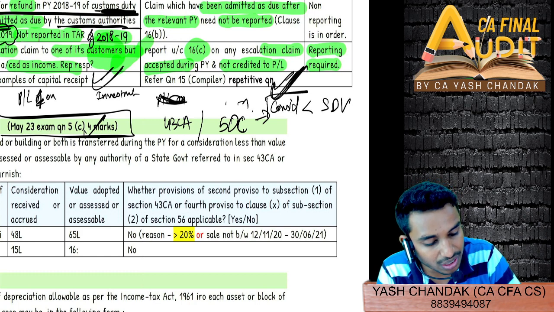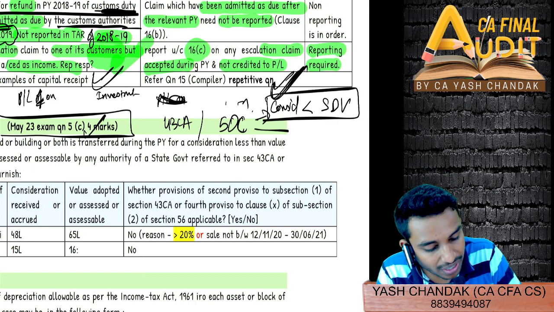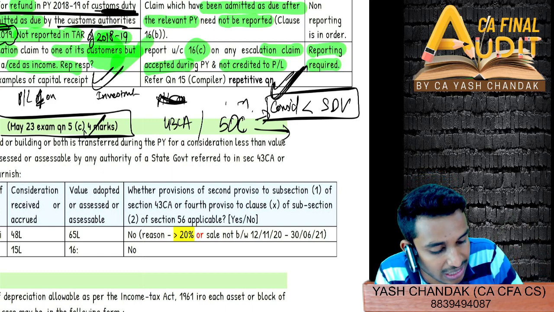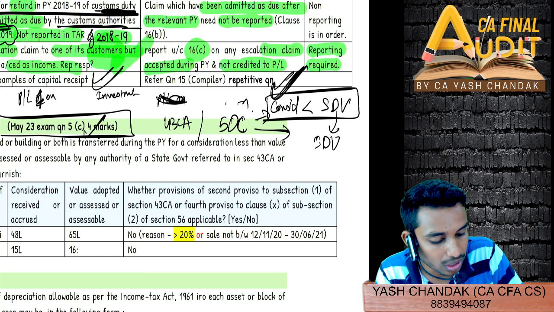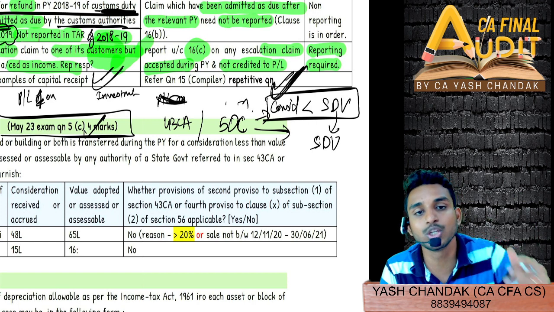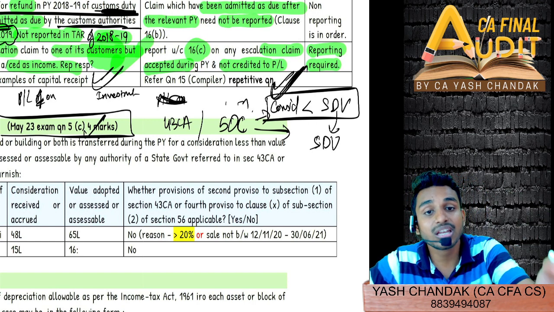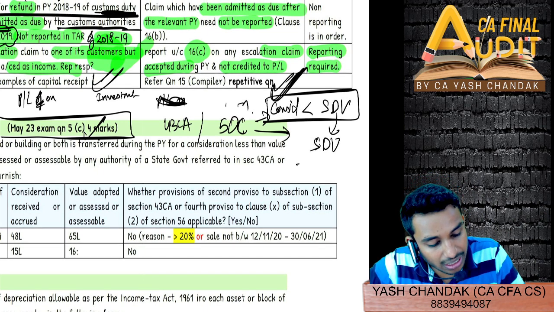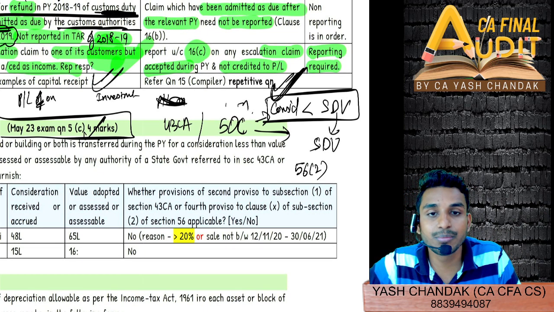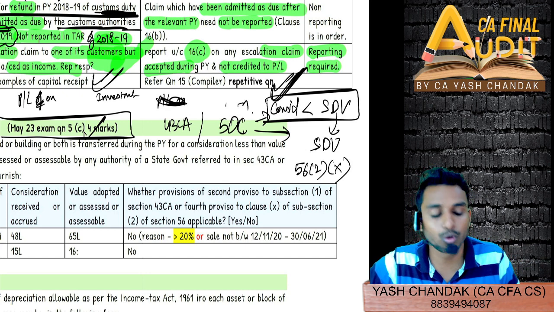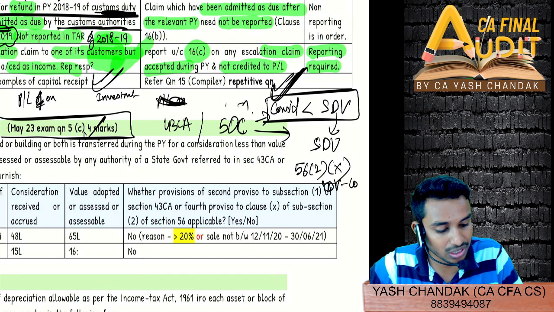If you receive any consideration less than this, then the value of consideration for computation of capital gains will be deemed to be the stamp duty value only. And the person who is receiving the amount, in his hands the tax will be charged on the extra amount, which is stamp duty value minus consideration.